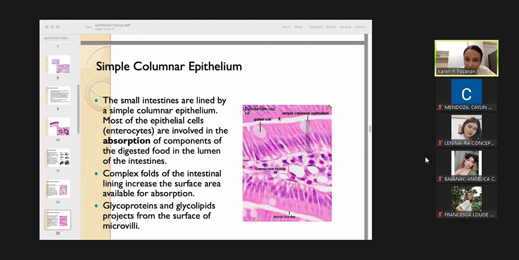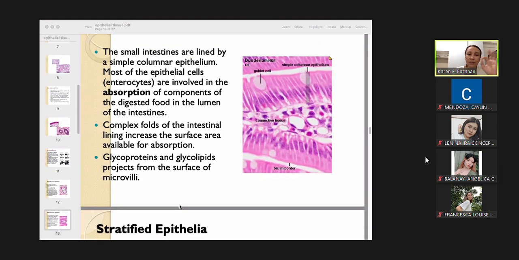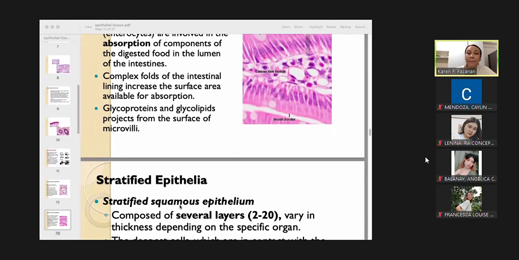In this picture, nandito yung microvilli, fine vertical lines nga yung appearance, kaya tinawag na brush border. Since this is a cross-section of the duodenum, ito yung apical surface on the other side that consists of the brush border. So these are the three types of simple epithelia.